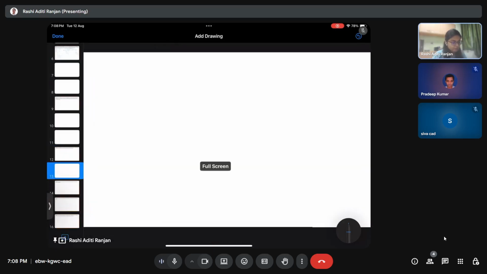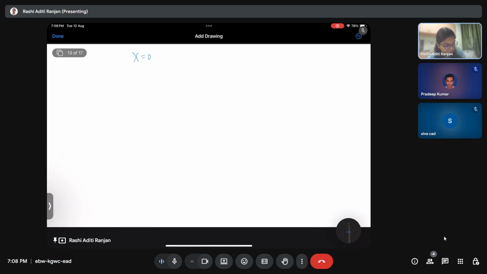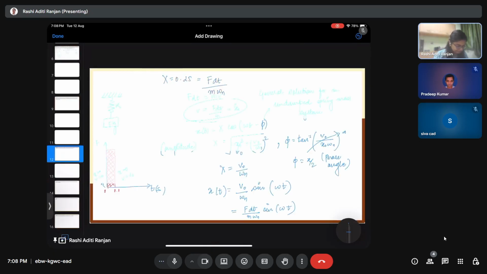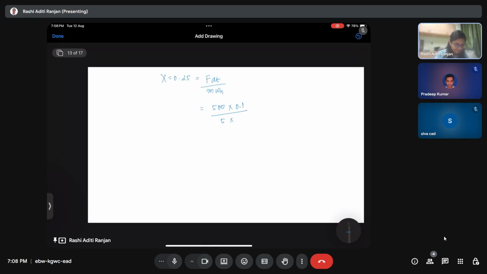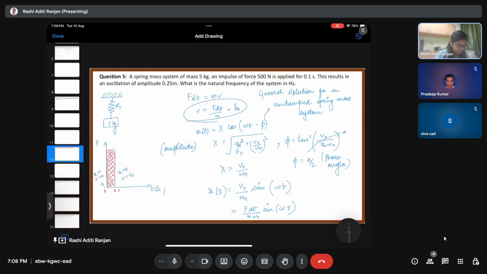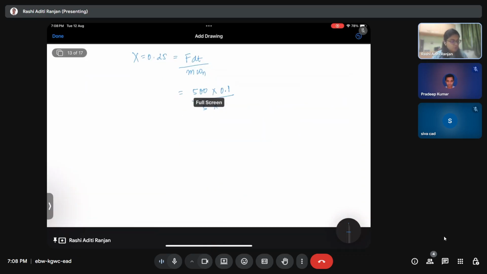Now using that, we know that x is equal to 0.25, which is nothing but F dt by m omega n. So if we put the values, F is 500, dt is 0.1, m is 5, and omega n we have to evaluate, is x equal to 0.25.